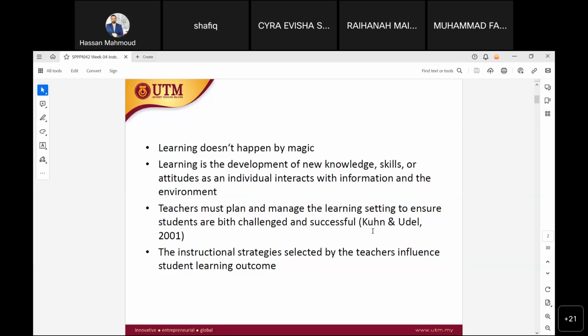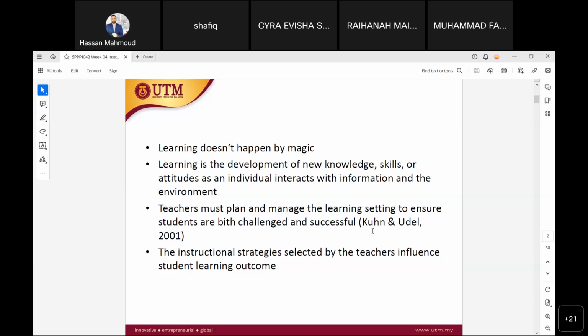It is not something random. You cannot go to your class without preparing yourself, because sometimes you will get embarrassed by your students if they ask you something out of the topic you'll not be able to answer maybe. So that's why you need to prepare yourself very well, especially you guys as teachers, you are going to be exposed to Generation Z. Generation Z is different from any other generation, which are technology native, right?